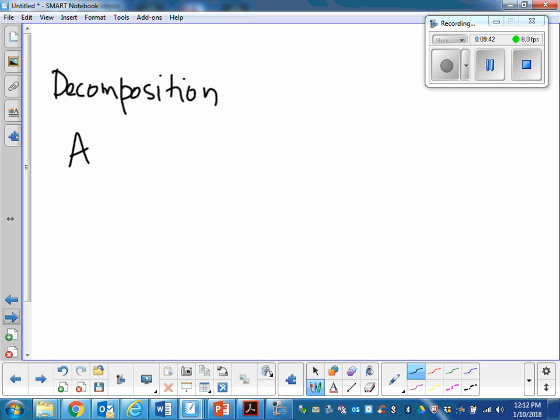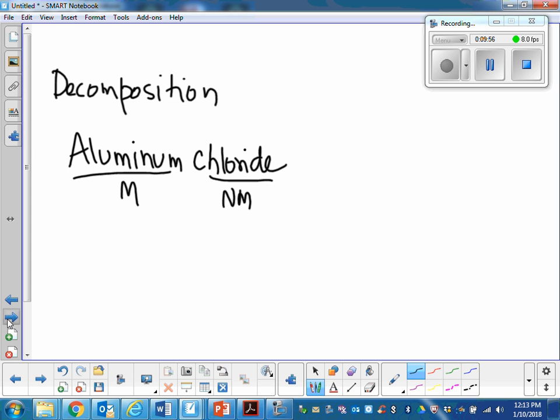It says aluminum chloride. So they give me a word like aluminum chloride, and I'm predicting products. Immediately, I'll be like, oh, this is a metal. This is the non-metal. Now I have to break apart and make the products.